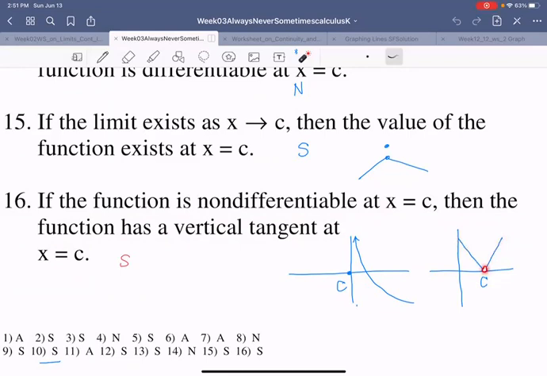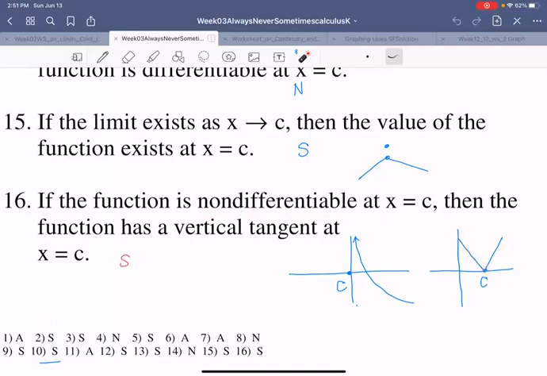So that point is called non-differentiable. Non-differentiable is the same as non-derivable, which is the same as the derivative at this point does not exist. They are the same words. Differentiable and derivable are the same.